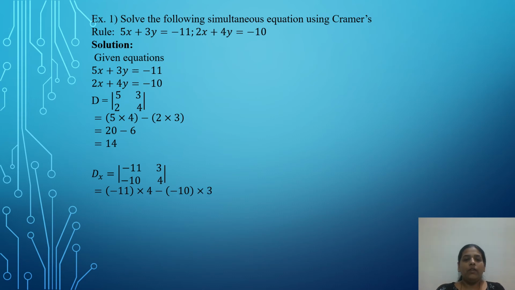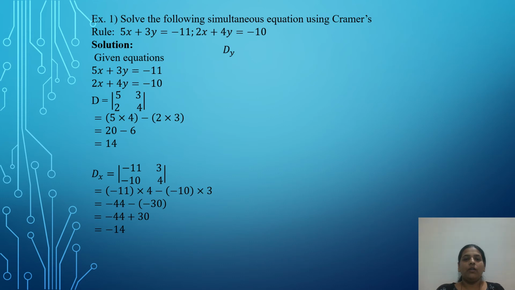Minus 11 into 4 is minus 44. Minus 10 into 3 is minus 30. After that, minus 44 plus 30, because minus minus is plus. Minus 44 plus 30 is minus 14. So this is the value of Dx.